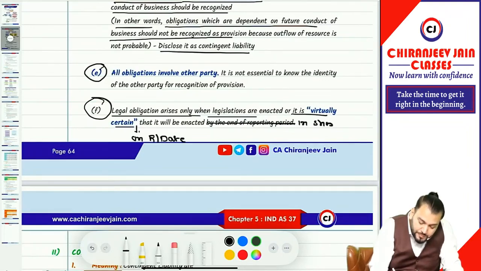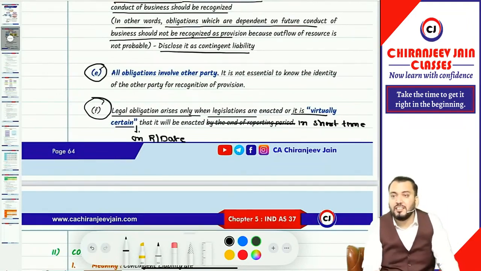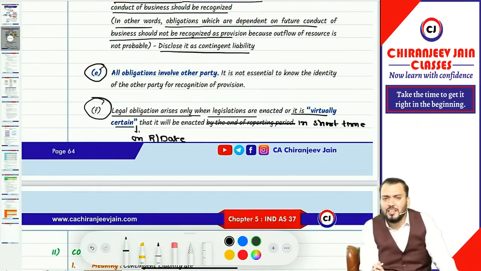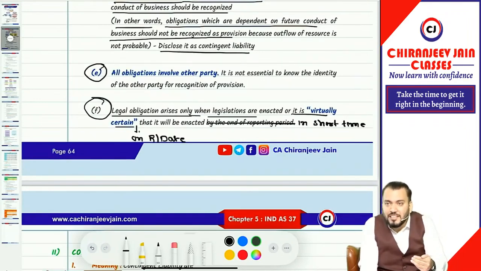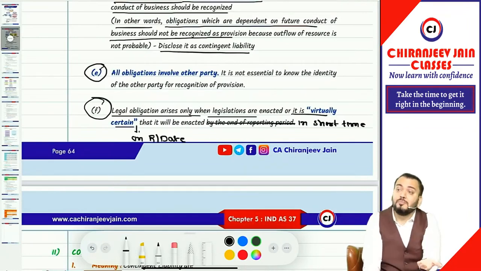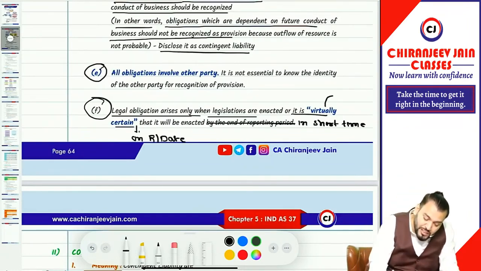It will be enacted in a short time, meaning after the balance date. But it is virtually certain on the balance date, the reporting date. Virtually certain means what? Chances are more than 95%.